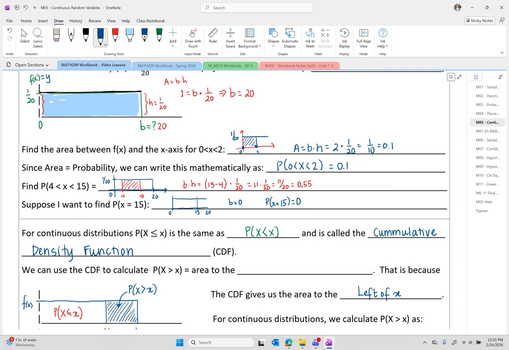So let's assume that we have an example of how long it takes me to get to school every day. It is very unlikely that I will say that it will take me exactly 15 minutes and 0 seconds and 0 tenths of a second to leave my house and to get to the school.